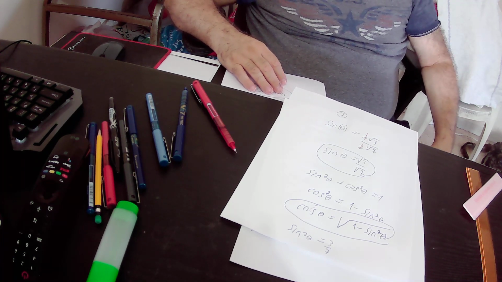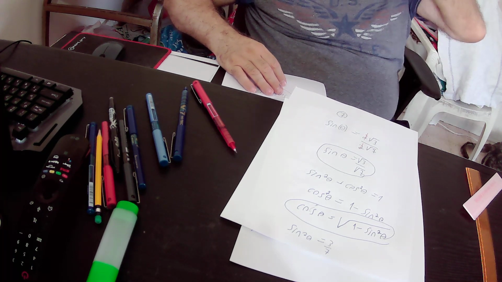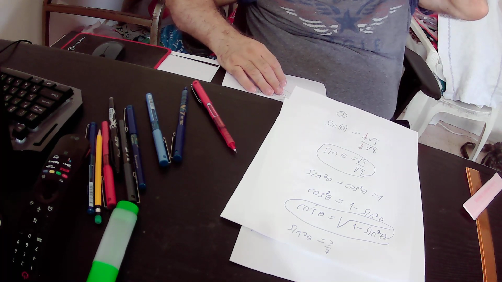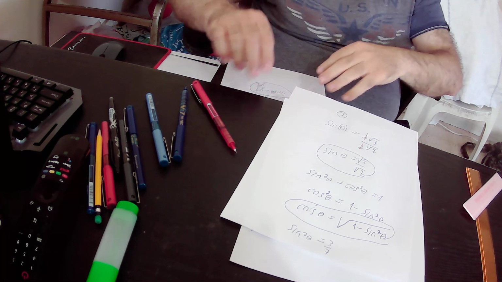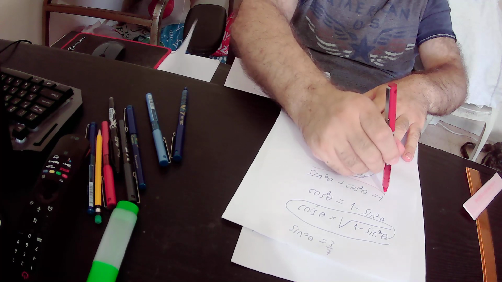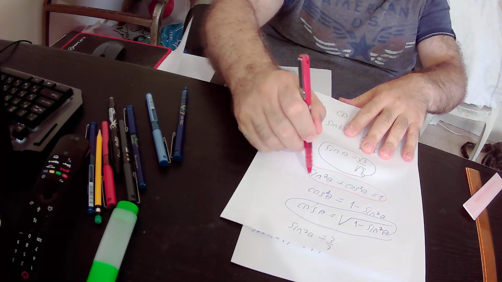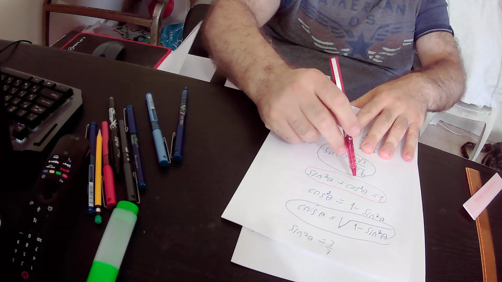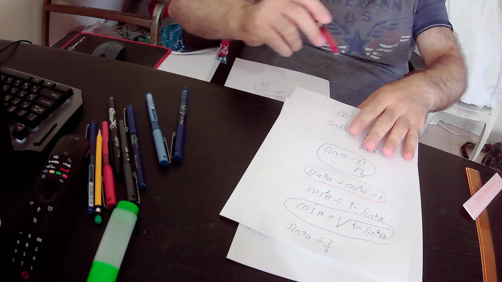Okay, and from sine theta we found out the value of cosine theta by this trigonometric identity that states sine theta squared plus cosine theta squared equals 1.